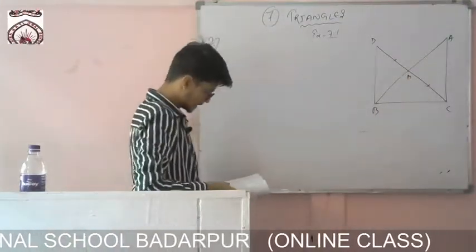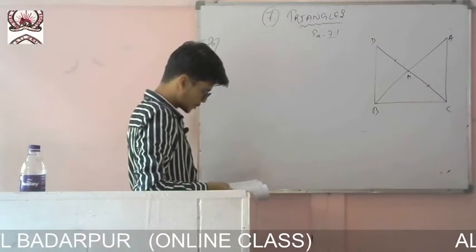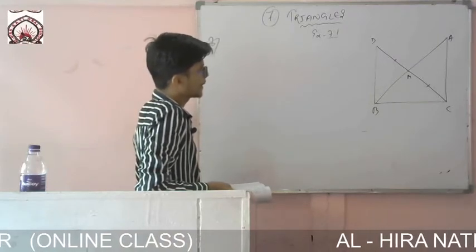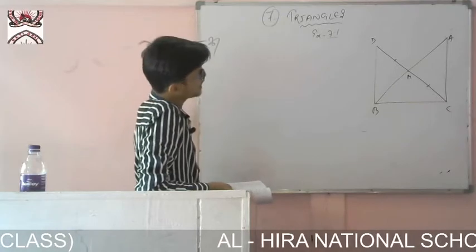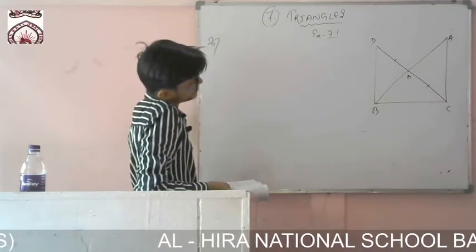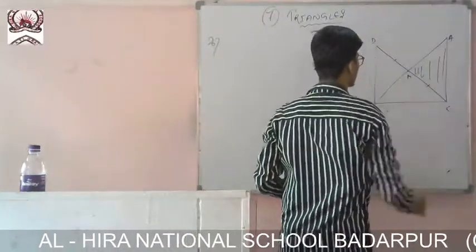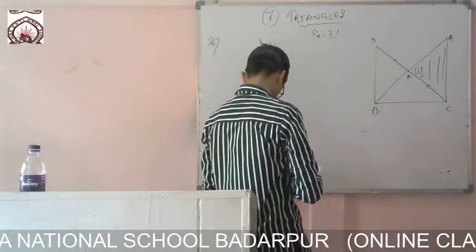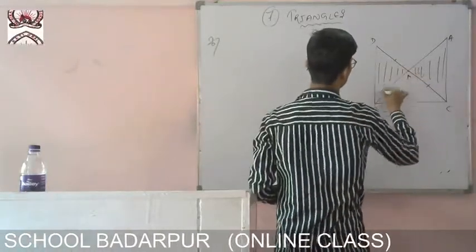And what is given is that point D is joined to point B. We have to show that triangle AMC, that is this triangle, is congruent to triangle BMD, that is this one.